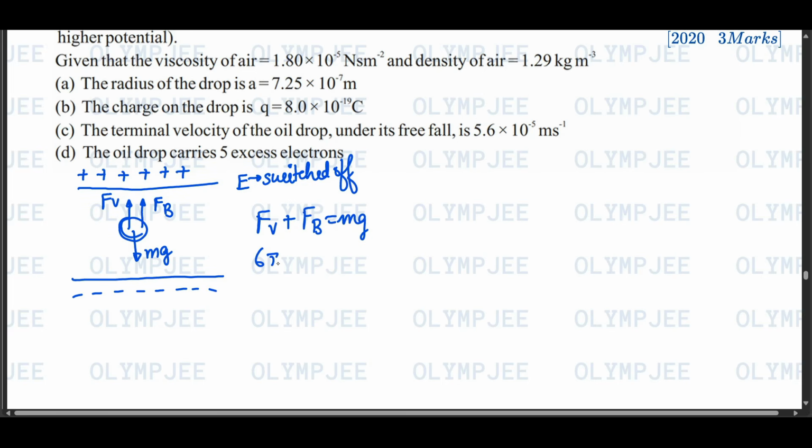So 6 pi eta r v plus 4 by 3 density of air multiplied by pi r cube g is equal to 4 by 3 pi r cube, the density of the drop multiplied by g.